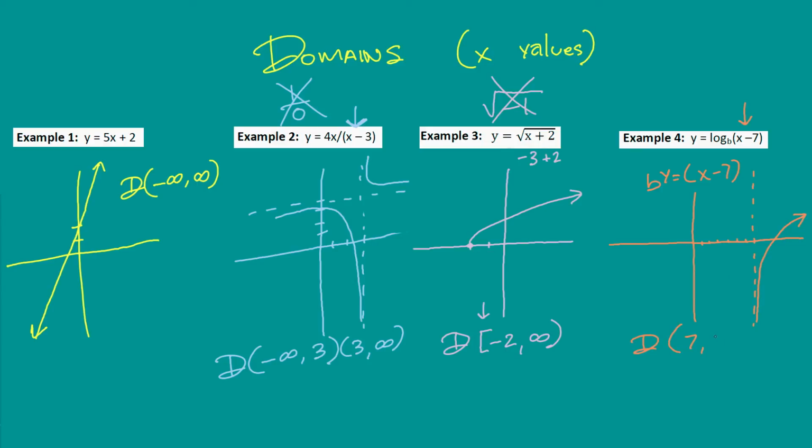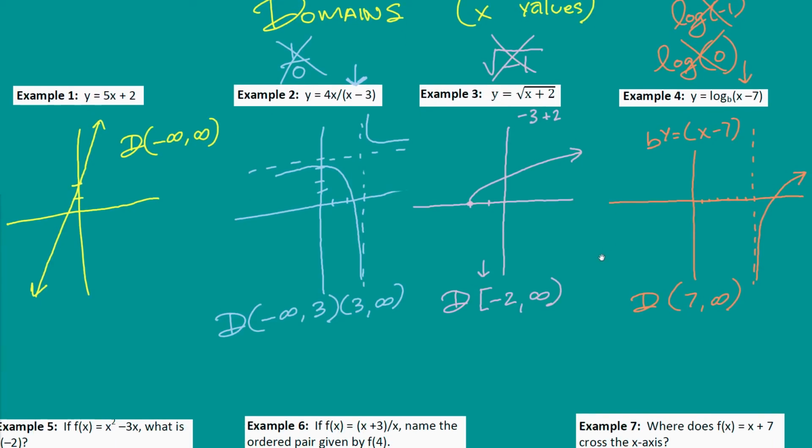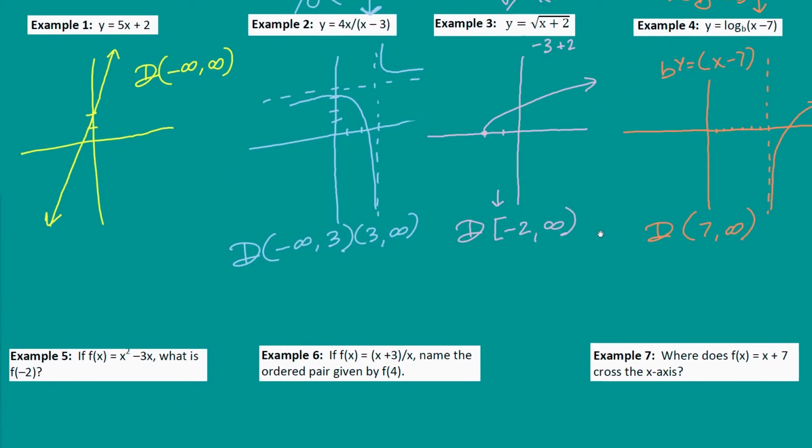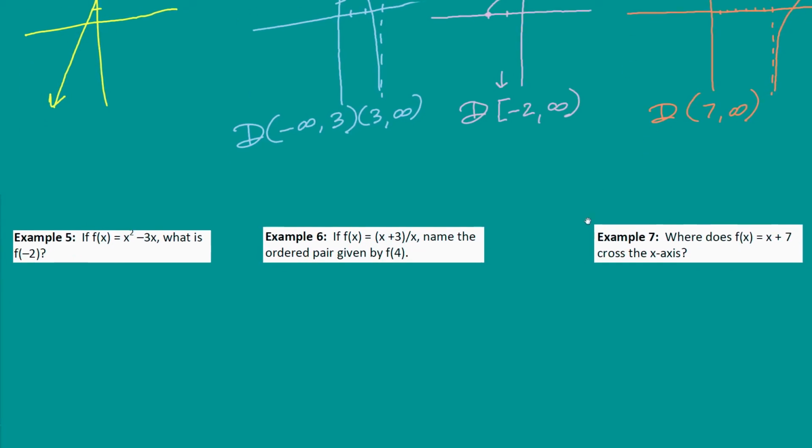But I can have any value that's above that, because that'll just make the inside positive. So I can't have the inside of a log be 0, and I can't have it be negative. Okay. So those are some of the restrictions on domain, the numbers that I cannot have for x.